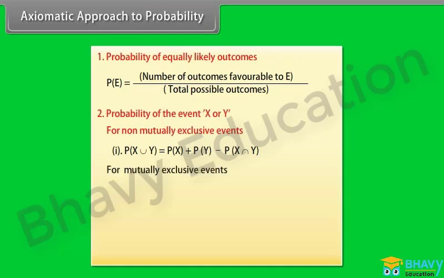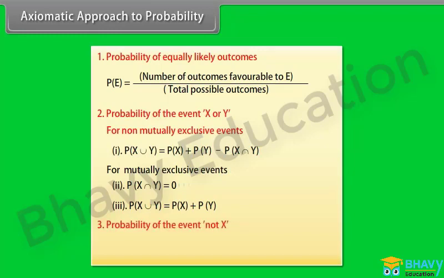For mutually exclusive events, P(X intersection Y) is equal to 0, so P(X union Y) is equal to P(X) plus P(Y). Probability of the event not X. P(X dash) is equal to P(not X) is equal to 1 minus P(X).